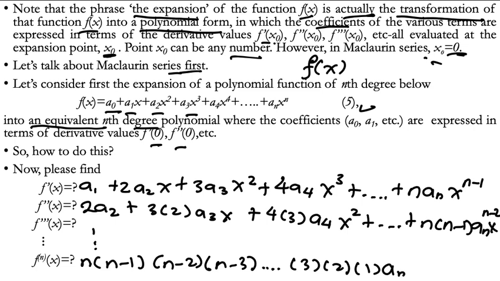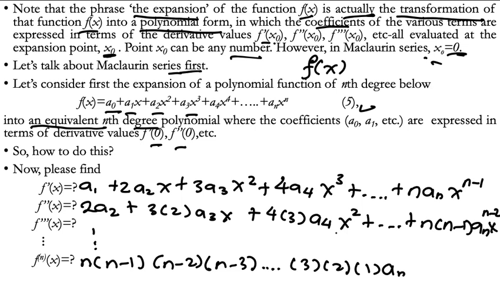Can't you see, after you do f prime x, f double prime x, f triple prime x, until the last one, for every successive differentiation the terms reduce in number by 1. Now you can see a1 is gone. In the second one, you only have the coefficient 2a2. In the last one, you have one coefficient only, the rest are gone.